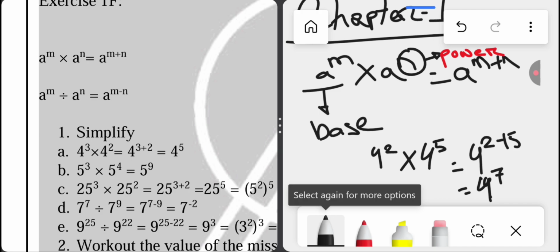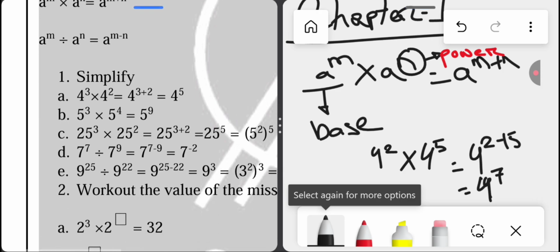Means that when the bases are the same, the powers just get added up, just like the example given below: 4 square into 4 to the power 5 equals 4 to the power 2 plus 5.